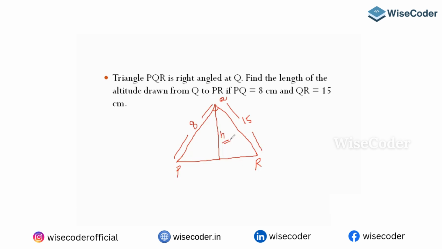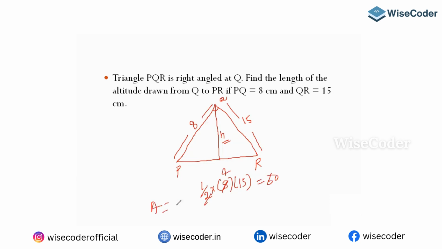Is there any other information given in the question? Okay, let me calculate the triangle PQR area. What is that? Half into base into height, so half into 8 into 15 only, no? 2 ones are 2, 2 fours are 8, then that will become 60.